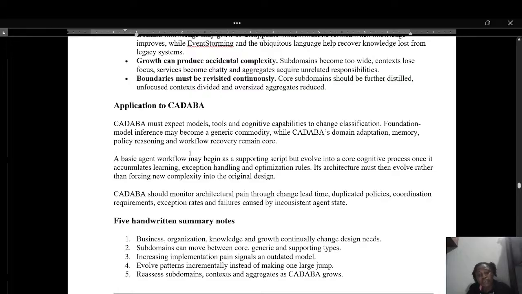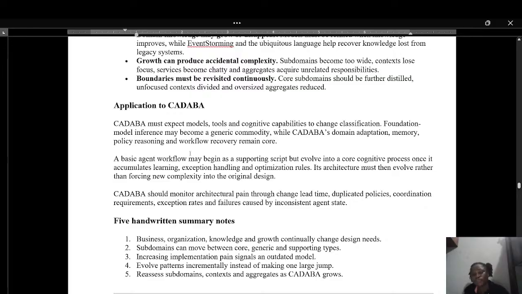Evolve patterns incrementally instead of making one large jump. So do not just say, oh, because the business complexity has radically increased, you want to jump from implementing one virtual machine skill set to like 10 virtual machine skill sets. No. Evolve patterns incrementally.